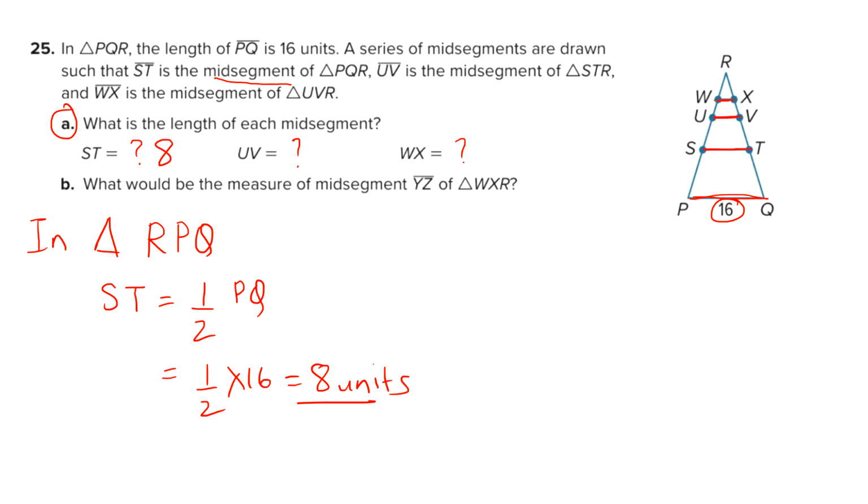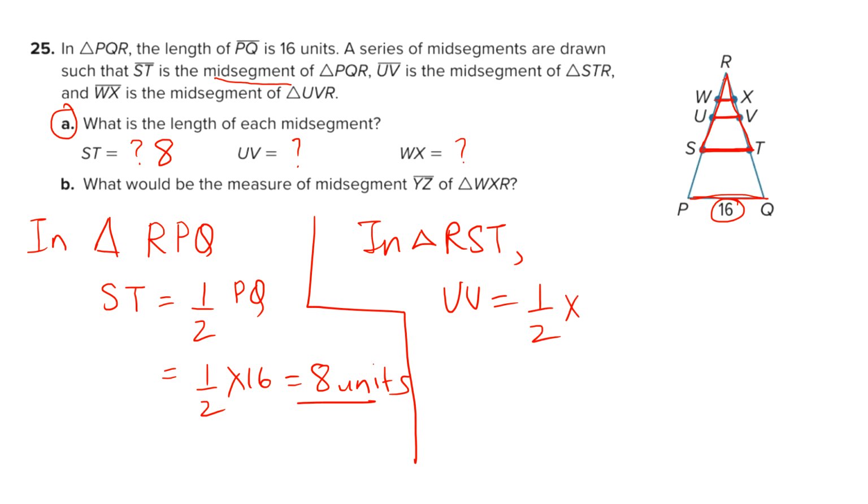Now if I go to the next triangle, a little smaller, I will take triangle RST. What is the mid-segment? UV becomes the mid-segment, so it's going to be half of ST, again by the same theorem. So half of 8 is 4 units.